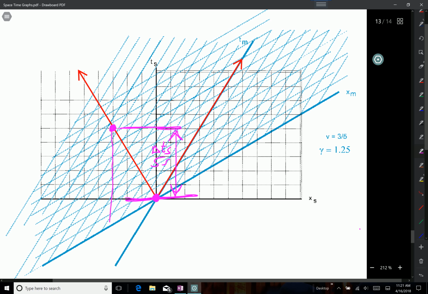And between here and here, this is the run between the two dots. This is delta XS. It's minus 3 seconds.